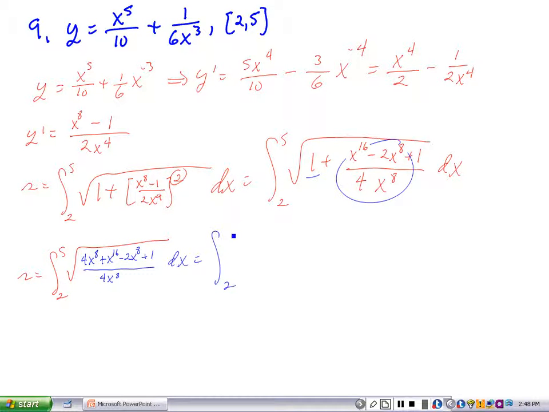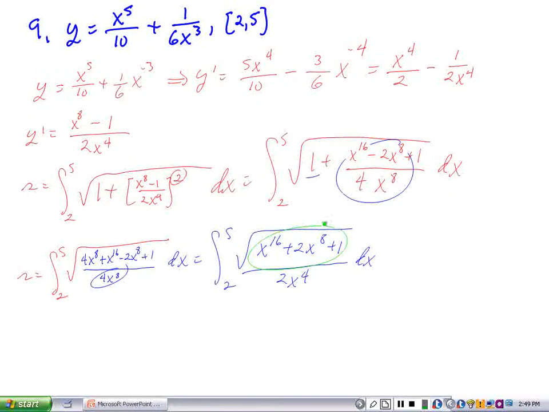This is the integral from 2 to 5, the square root of x to the 16th plus 2x to the 8th plus 1. Now on the outside, you take the square root of that, we just get 2x to the 4th dx. Now this problem just works out itself if you do it right.